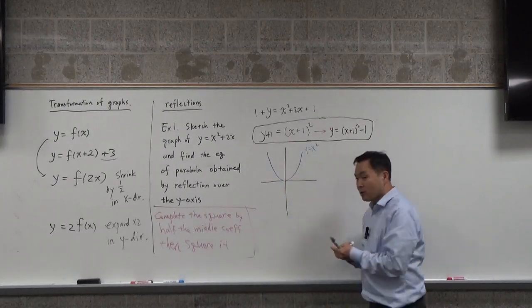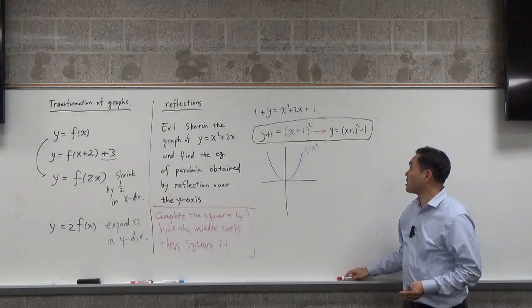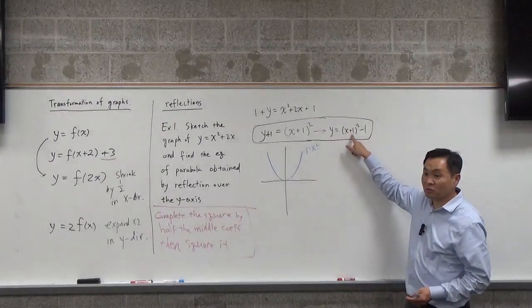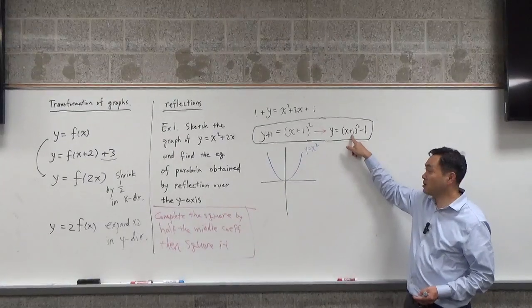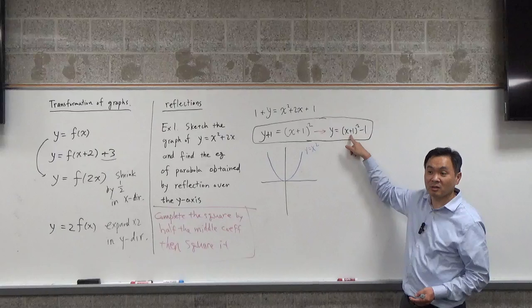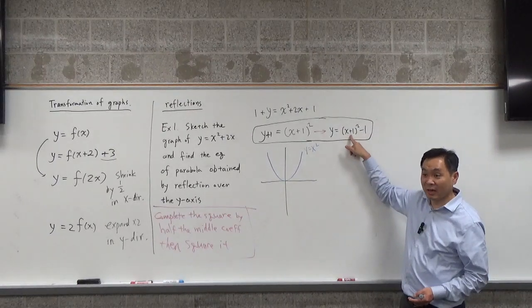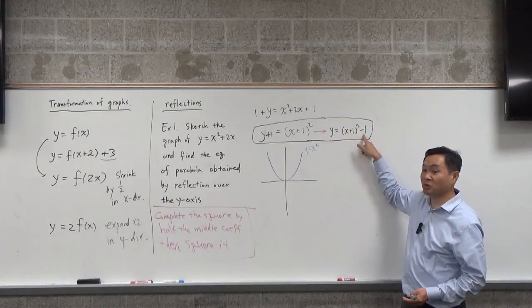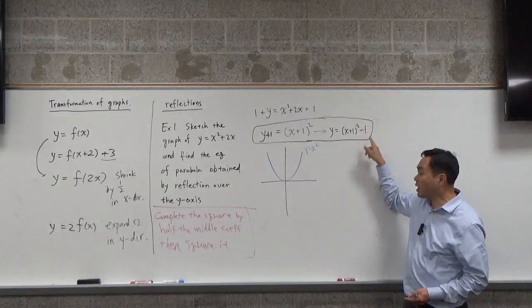And I like this format because what does x plus 1 squared mean? This y equals x squared is moving in which direction? 1 to the left, right? What does this do? 1 down.